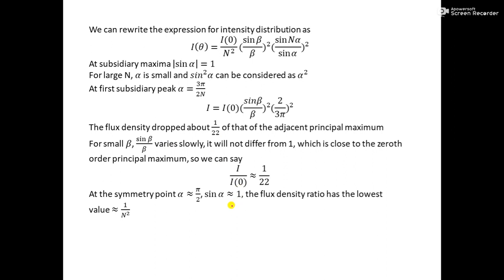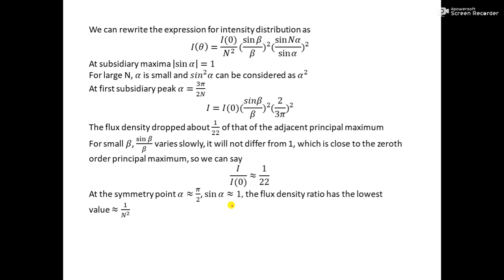If you calculate for the next subsidiary maximum, then the ratio of its flux density or intensity to the central maximum is down to 1/62, and it continues to decrease as α approaches a value halfway between the principal maxima.